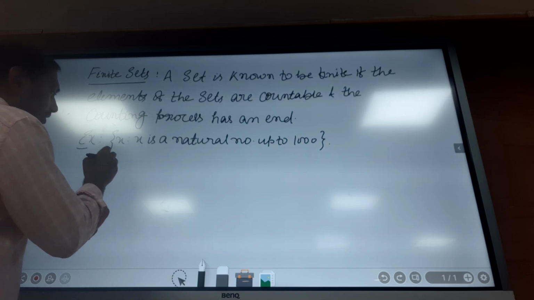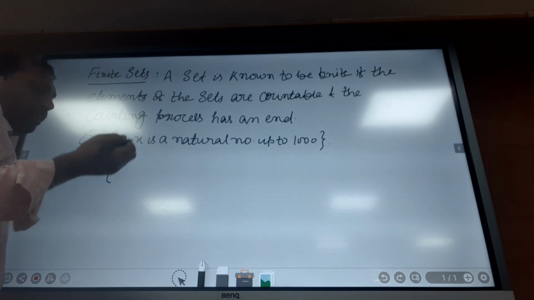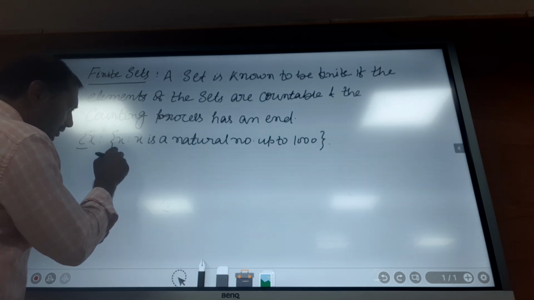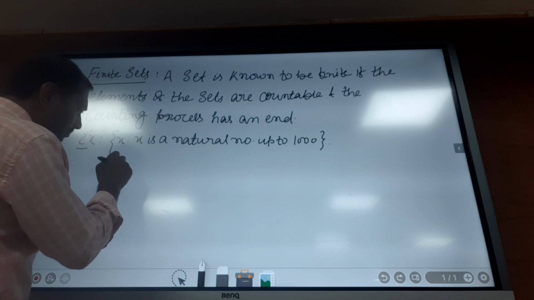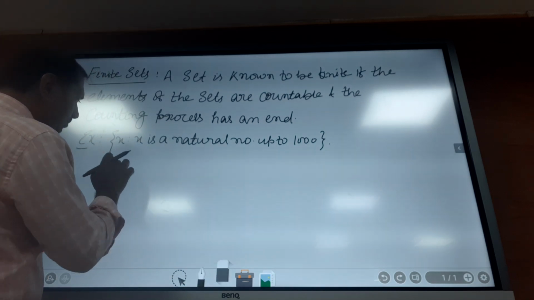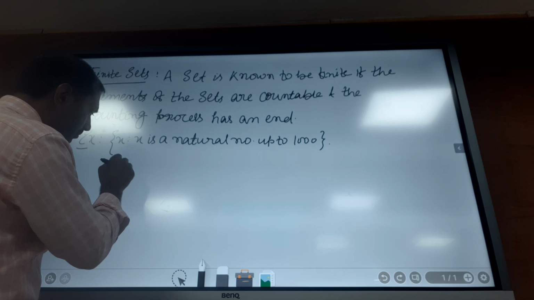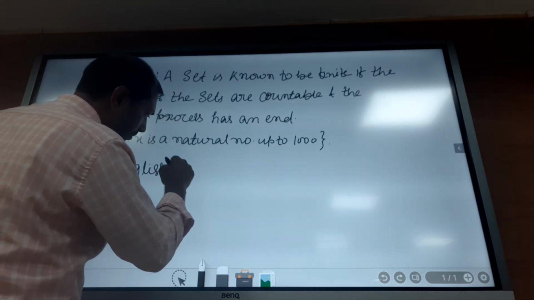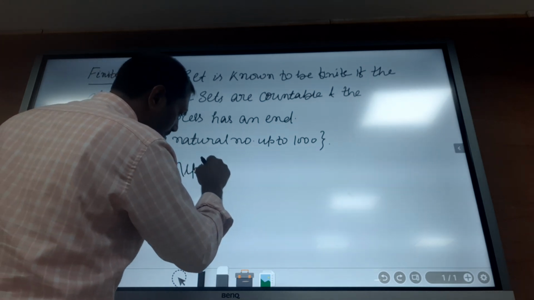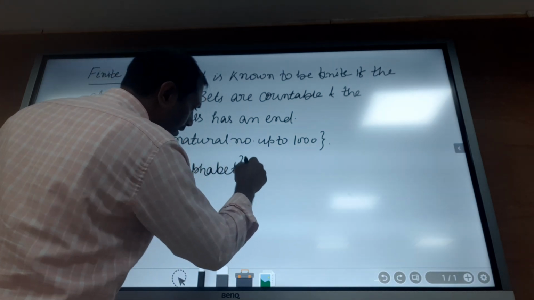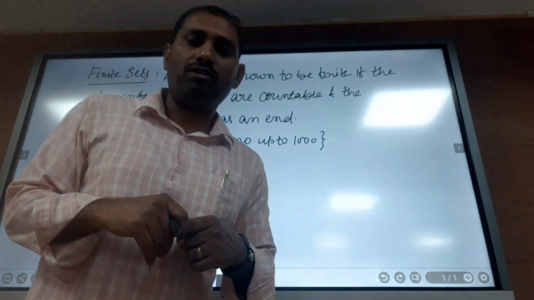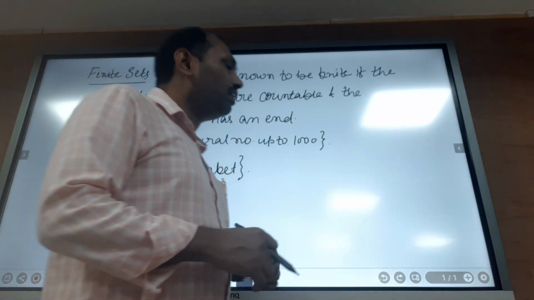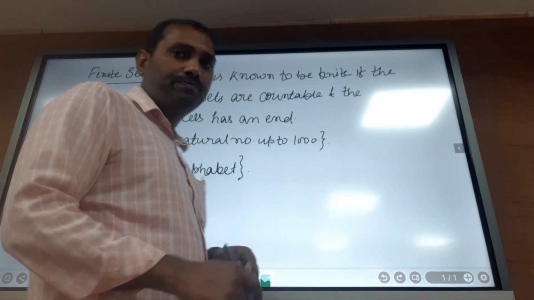Similarly, the set of English alphabets. So these types of set are known to be finite set, or we can say they are countable sets. Now come to the process, what is infinite set.